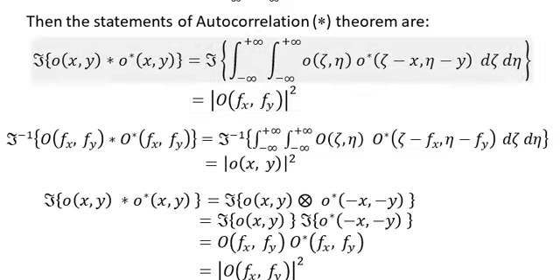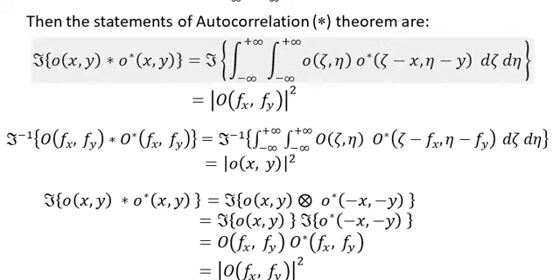And there is a second definition in terms of the inverse Fourier transform, that is the inverse Fourier transform of the autocorrelation between the two spectrums is equal to the mod square of the object function, that is the absolute square of O at x comma y. So these are the two definitions of the autocorrelation.